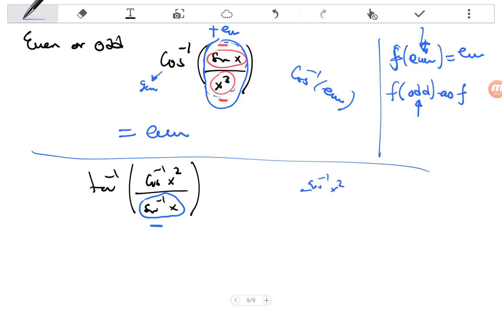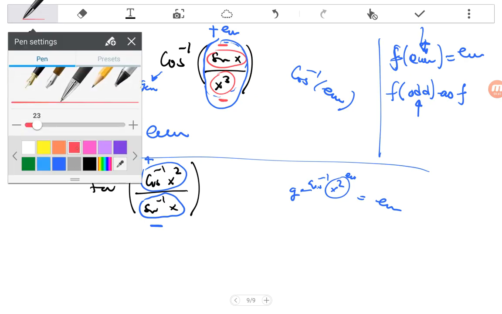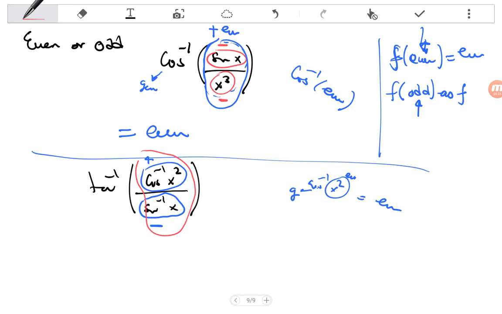This is general, but it has an inside function which is even. So if the inside function is even inside a general function, the result will be an even function. So that whole function is just even. So all of this ratio will just be an odd function. So I have tan inverse of an odd function. What is the tan inverse of an odd function? Tan inverse by itself is odd. So that will be odd.